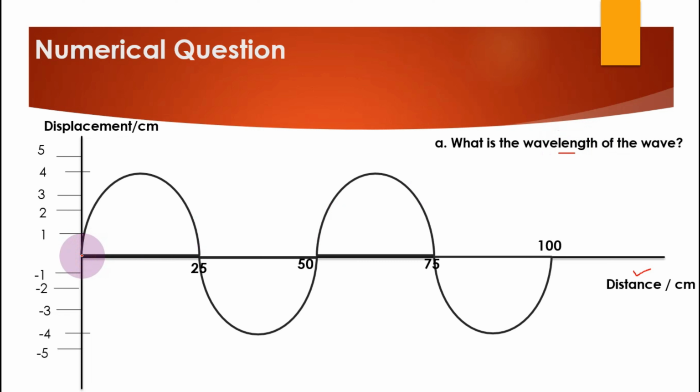So this first point and this second point are 2 points in phase. So this distance is wavelength, which is lambda, and that is equal to how much? That is 50 centimeter. So the answer of this part is 50 centimeter.